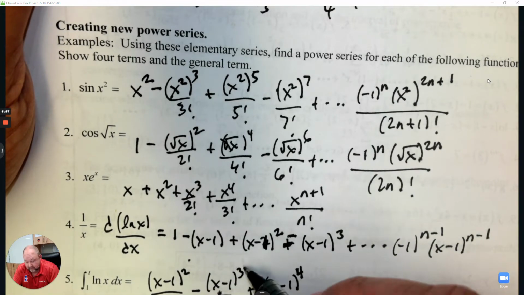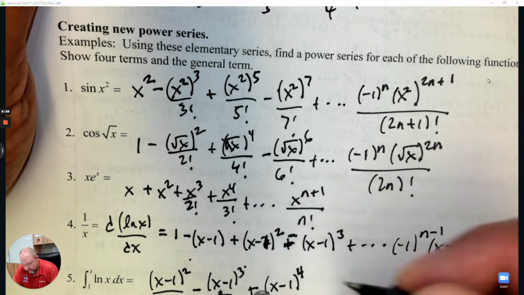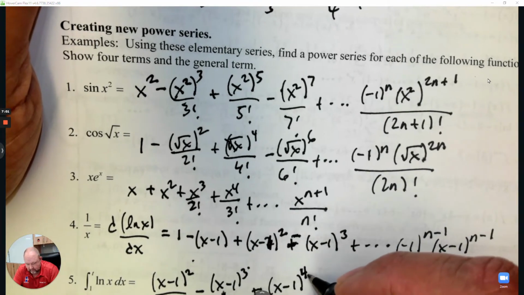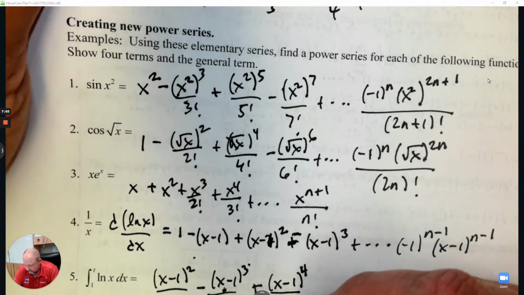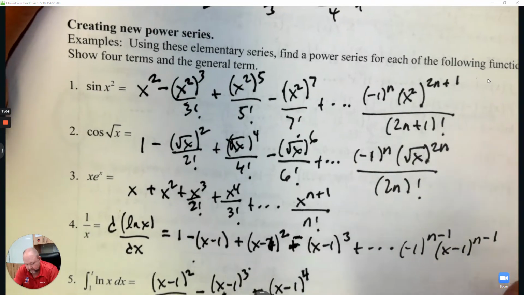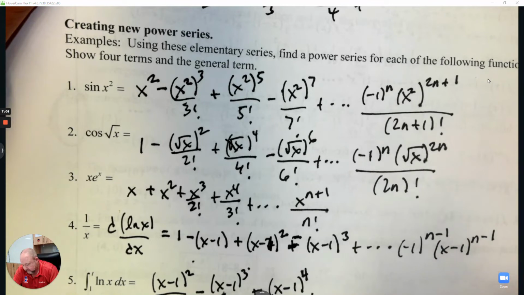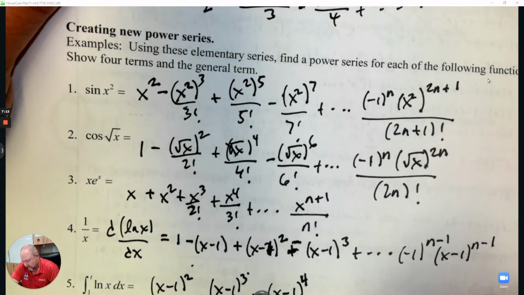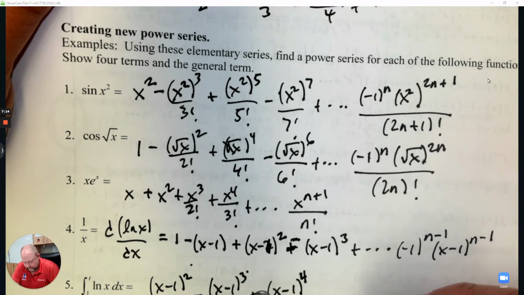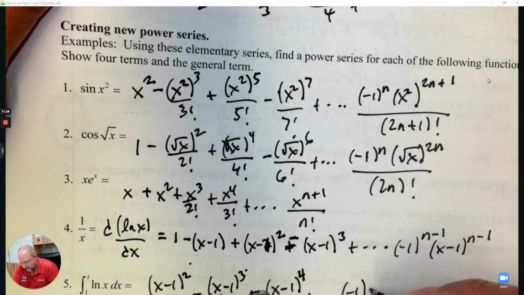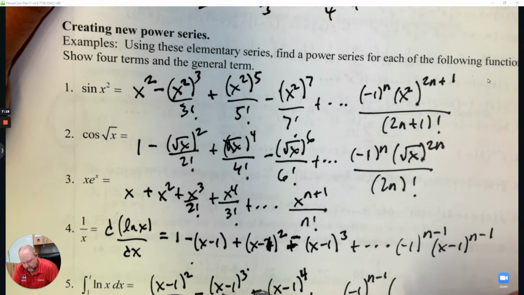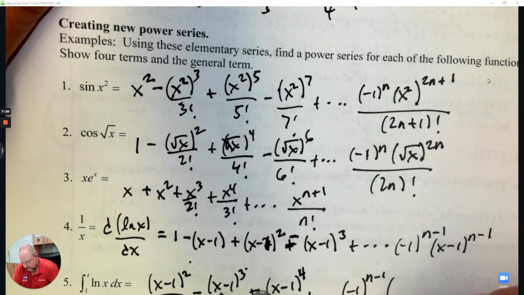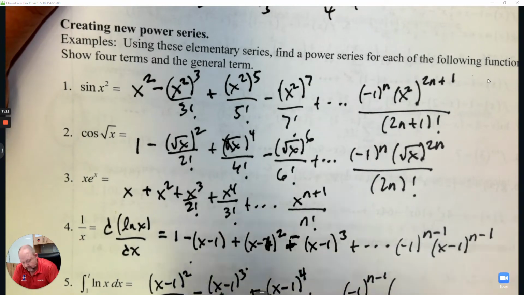So sorry, add 1 to the exponent and divide, that makes it 6. Add 1 to the exponent and divide, that makes it 12. And so on. So they alternate. Oh, and it's t.